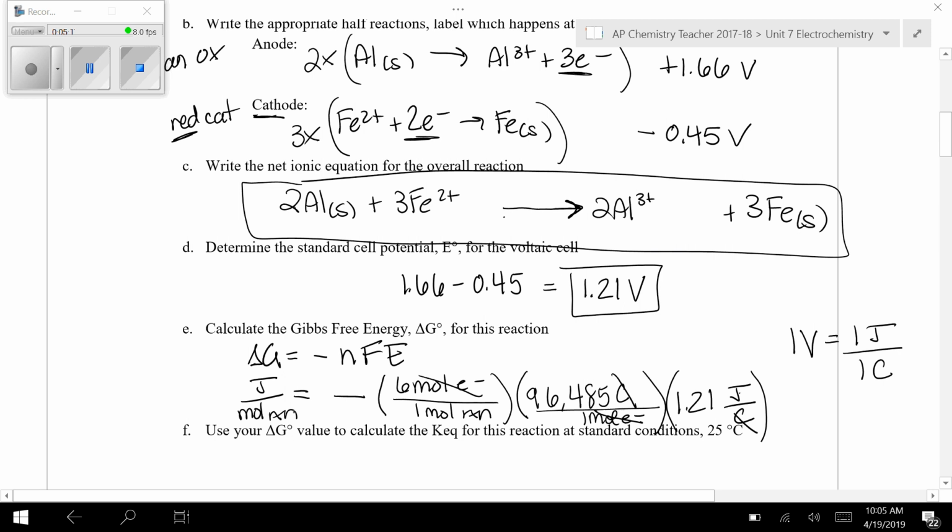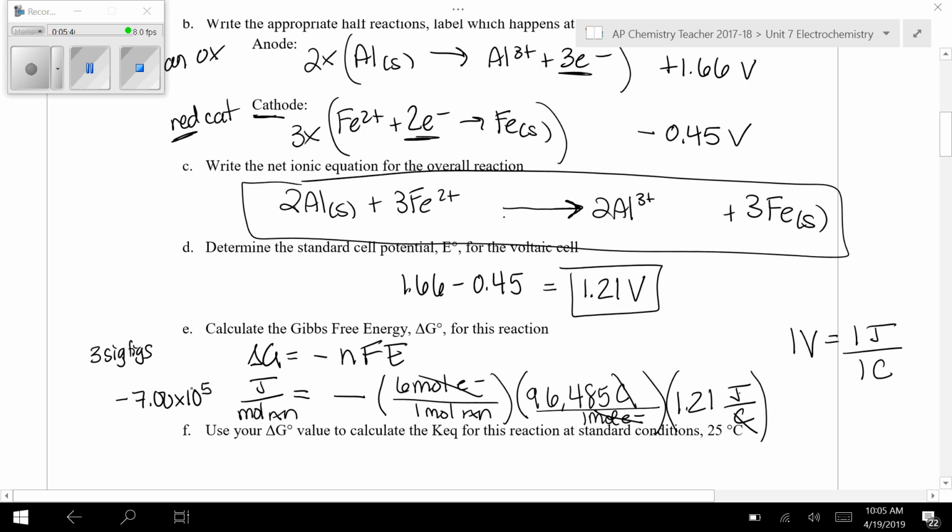And if you plug that in your calculator, you get around negative 700,040. I want to write this answer with 3 sig figs, which gets tricky with a lot of zeros. So the way I have to write it out is negative 7.00 times 10 to the 5th joules, if I count my zeros right, 1, 2, 3, 4, 5.